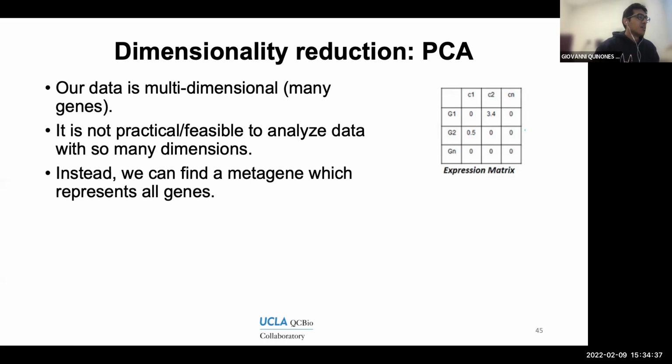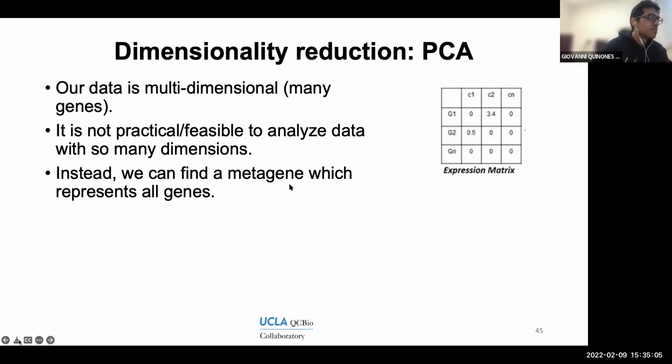And so how would we go about this? Every value in our array, in our vector of values, is a significant one, so we can't just skip them. How do we reduce the number of genes? The approach that we're going to use is to find a metagene.